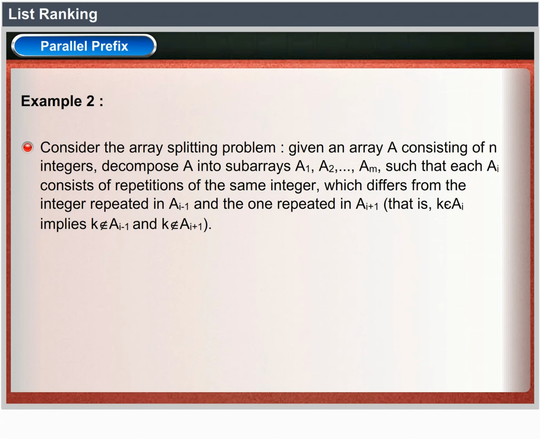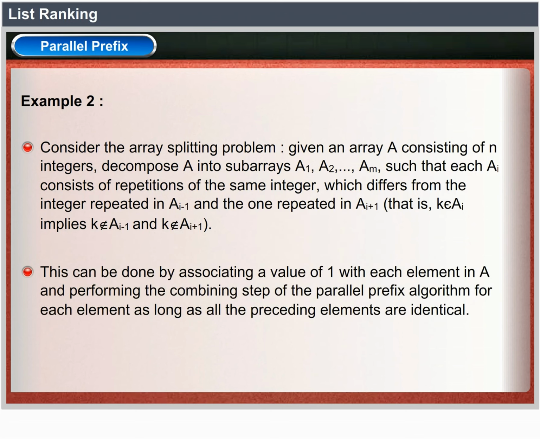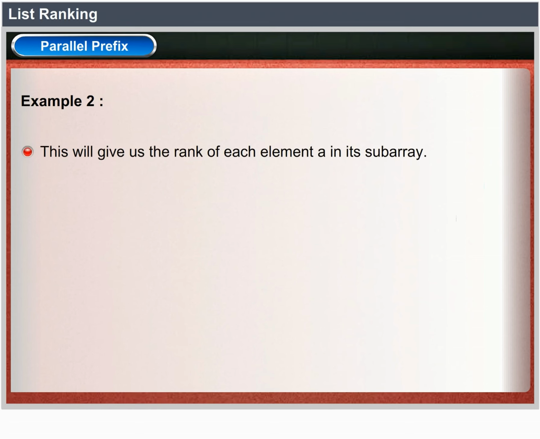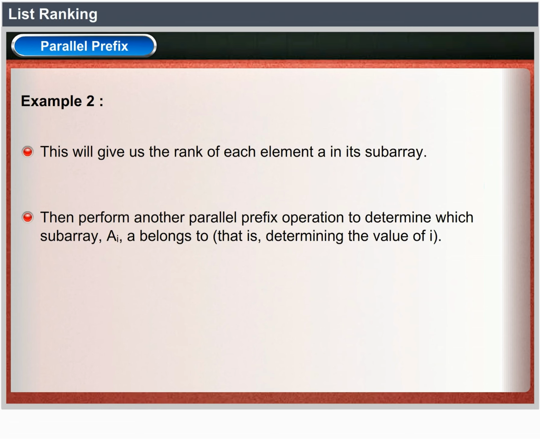This can be done by associating a value of 1 with each element in A and performing the combining step of the parallel prefix algorithm for each element as long as all the preceding elements are identical. This will give us the rank of each element of A in its subarray. Then perform another parallel prefix operation to determine which subarray A belongs to, that is, determining the value of i.